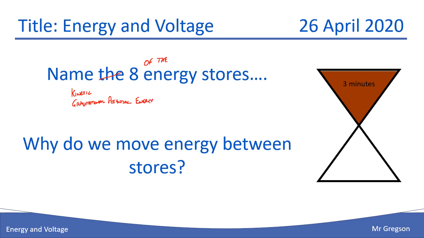Okay, in P6 we did nuclear. Hopefully some of you have got this in your clothes, elastic or tension, energy stores. The batteries in your phones, chemical. And what have we got to?